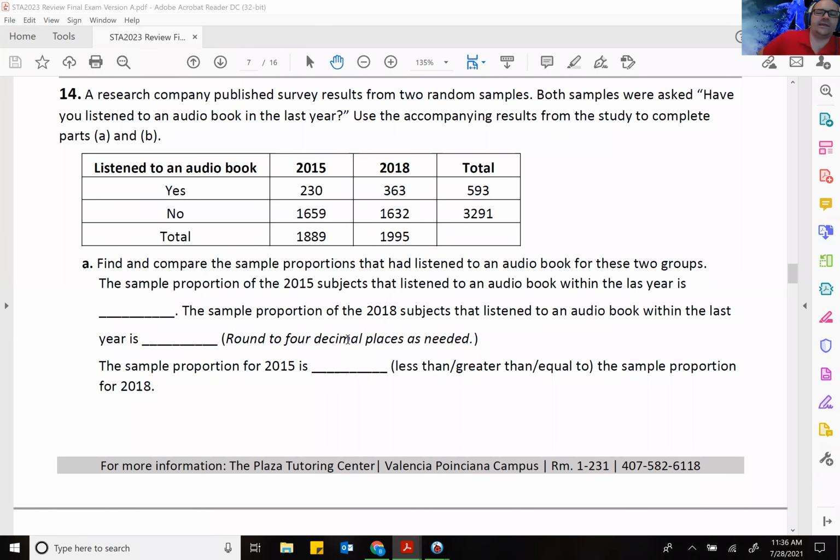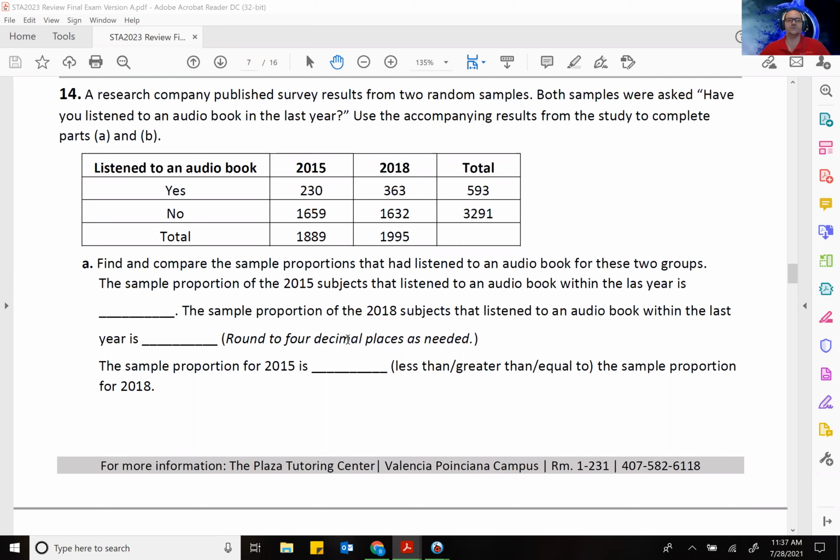A research company published survey results from 2 random samples. Both samples were asked, have you listened to an audiobook in the last year? Use the accompanying results from the study to complete parts A and B. So part A says, find and compare the sample proportions that have listened to an audiobook from these two groups.